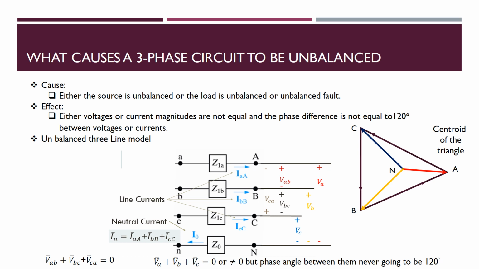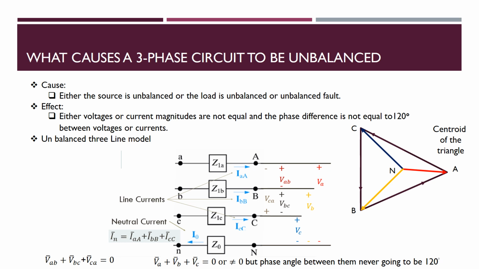So you can construct a triangle using the line voltages, and you can draw VA, VB, VC just like this using the neutral point. Right, so this is how it will come.